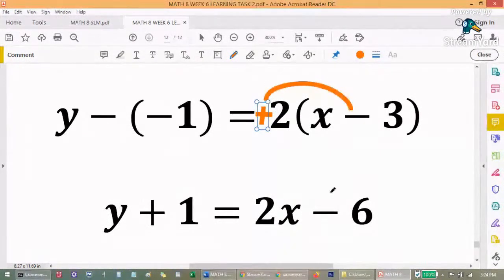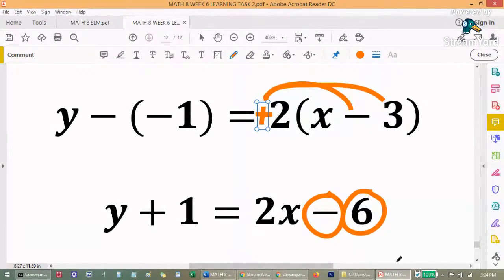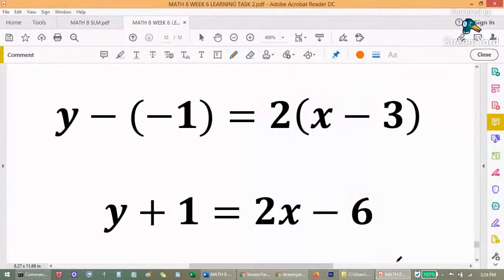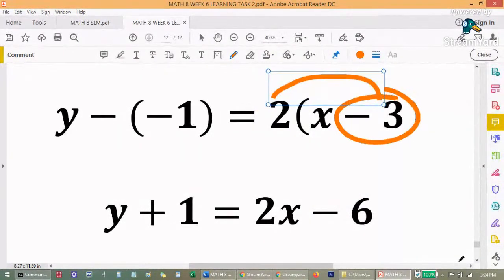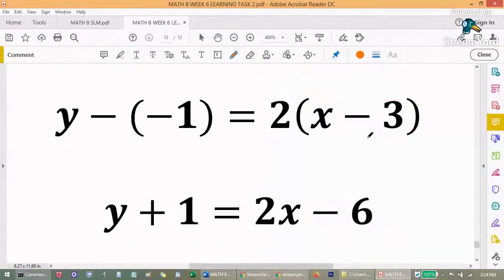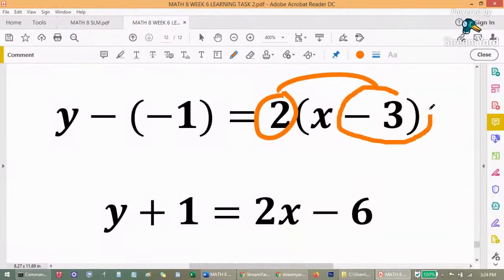Positive times negative is negative. 2 times 3 is 6. Okay, so positive 2 times negative 3 is negative 6.